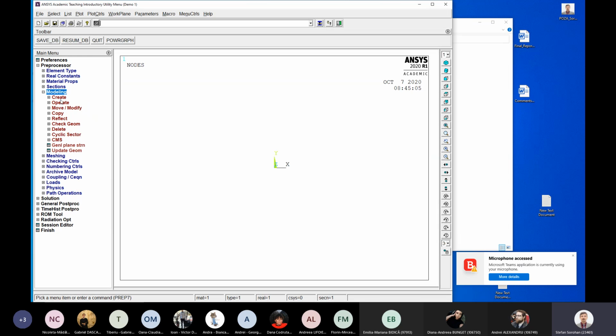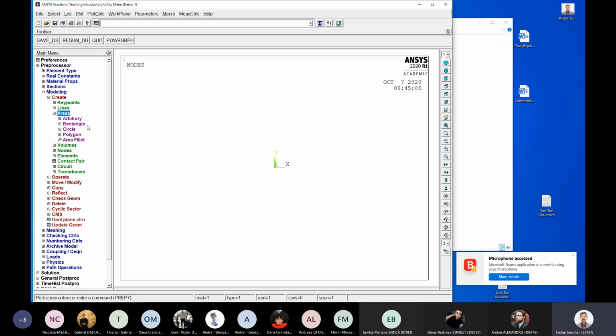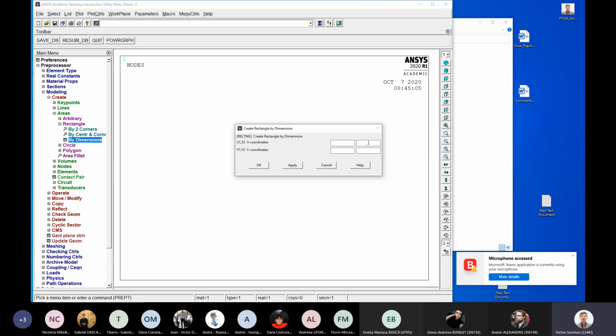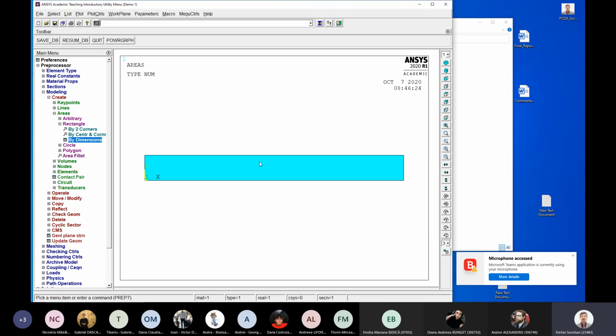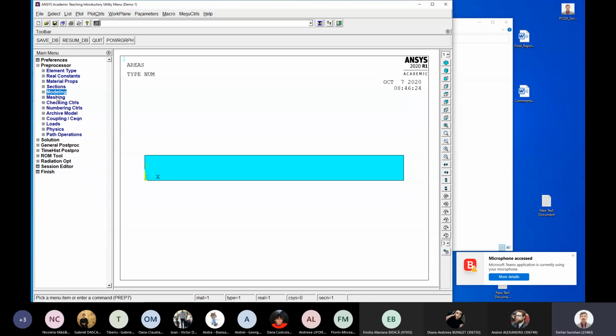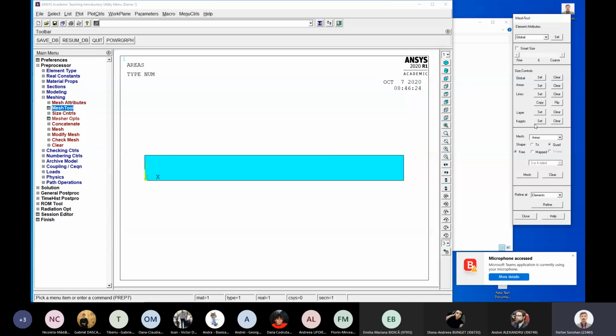And you can model something. Let's create a rectangle area. Let's suppose that we have an area with 100 millimeters over X, and only 10 millimeters over Y. Please observe here a system of coordinates. This is called the global system of coordinates. Then we can define a mesh.